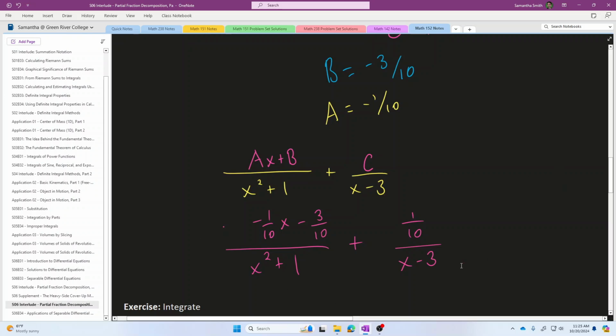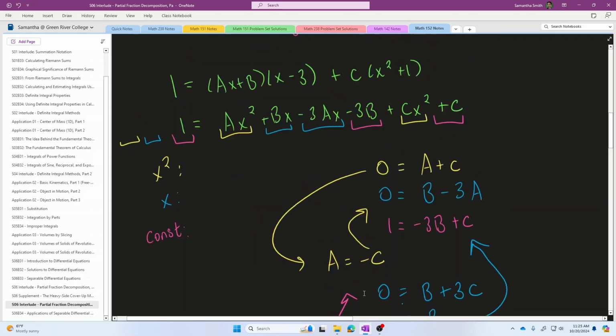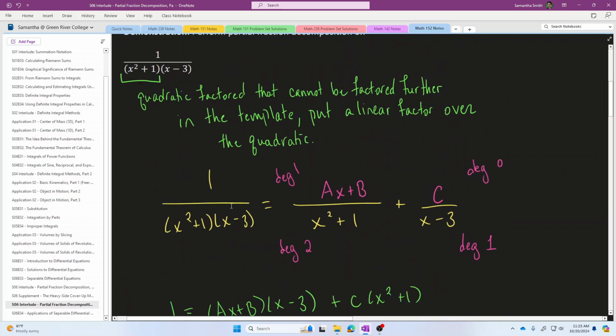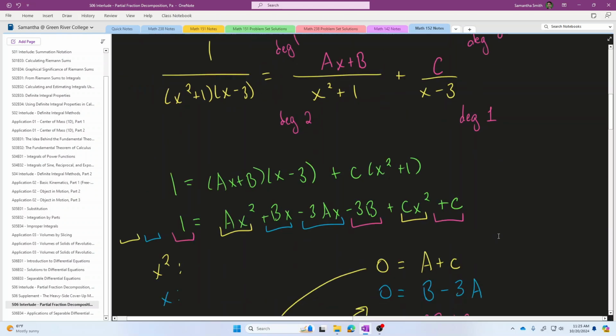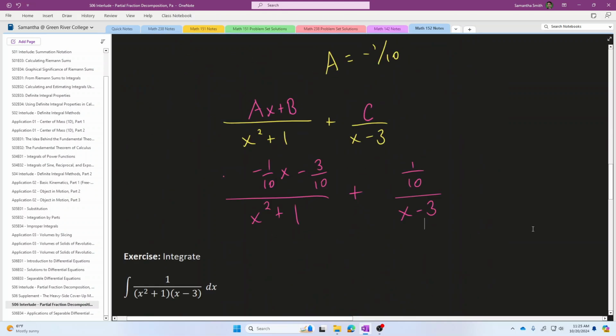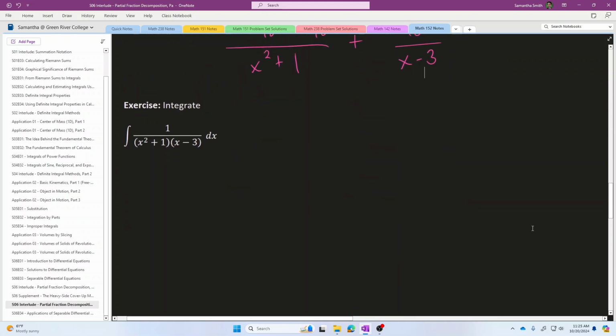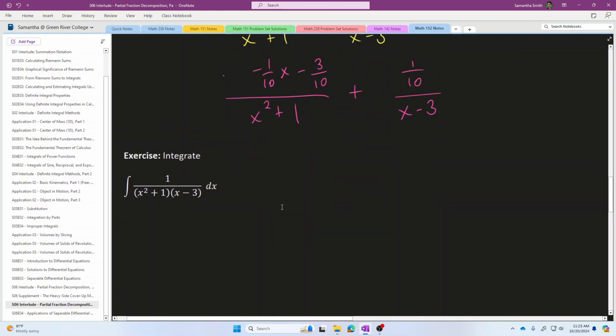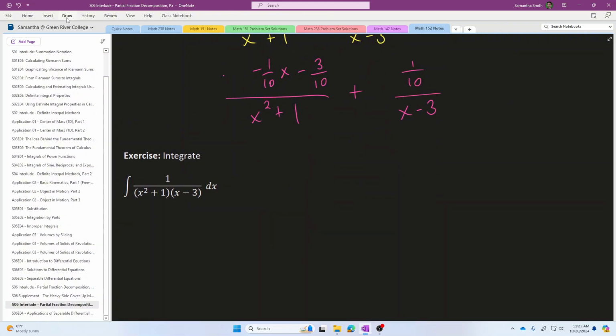So this expression here would be equivalent to what I started with, 1 over x squared plus 1 times x minus 3. Now that I have this decomposition, I would be able to integrate that fraction by instead integrating its decomposed version.